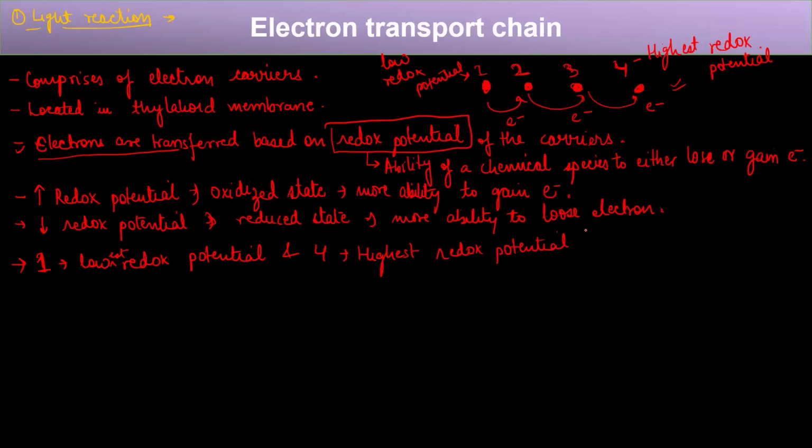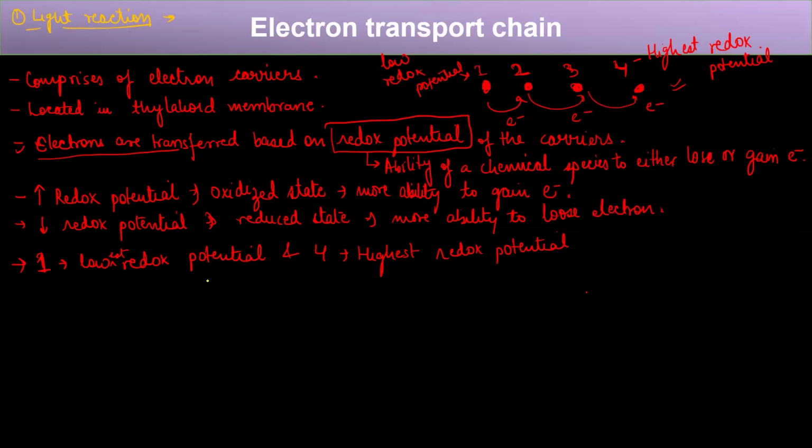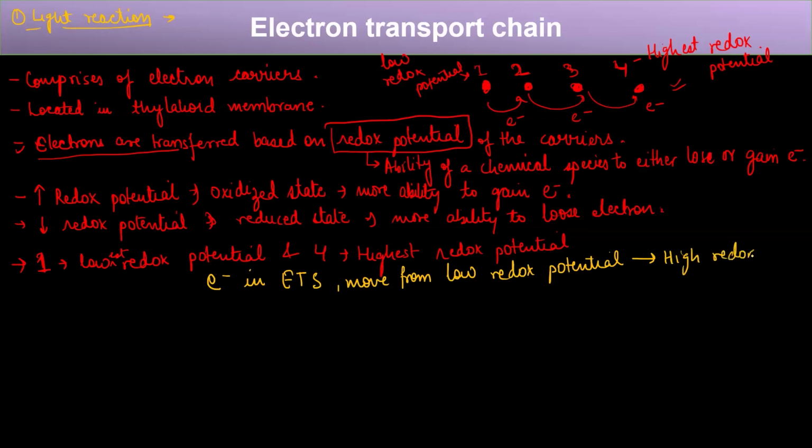Which means that the electrons in the electron transport chain, which I'm representing by ETS, move from low redox potential to high redox potential.